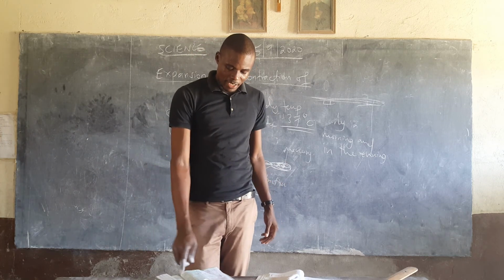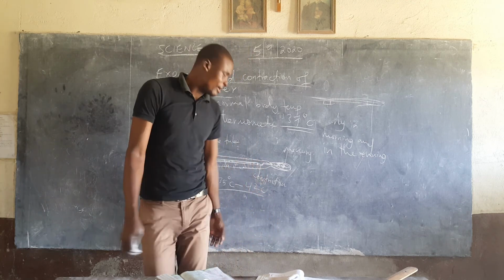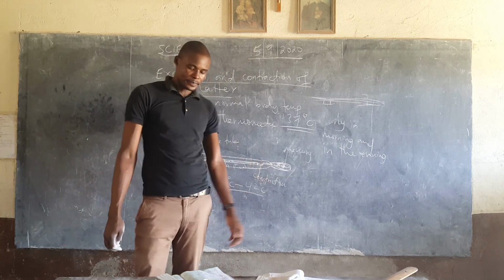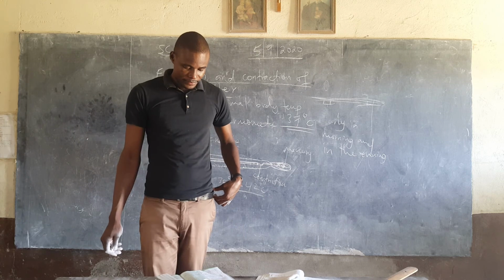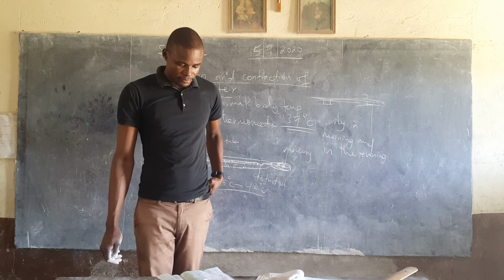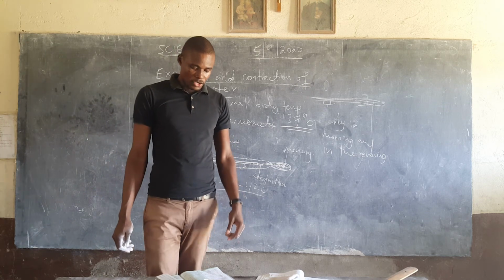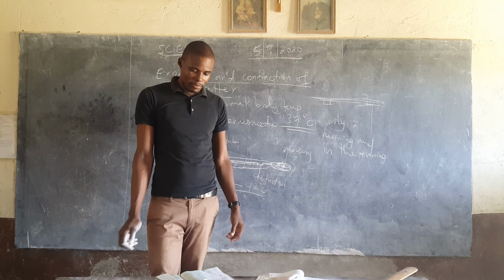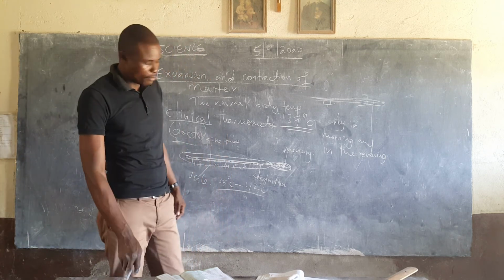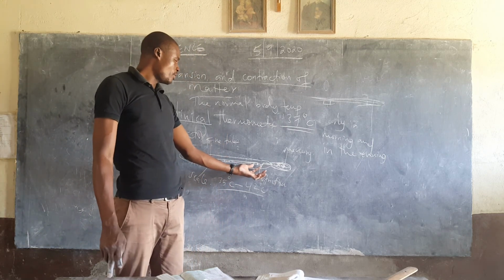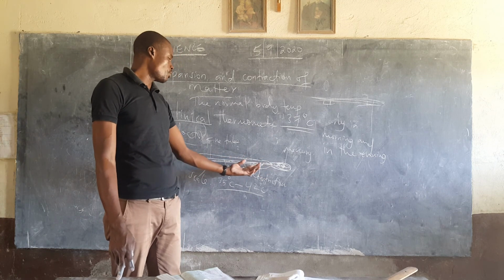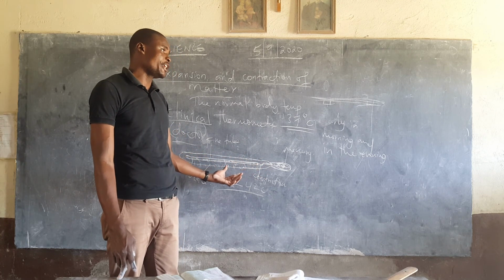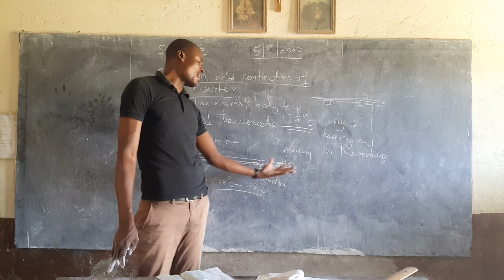So the thermometer has a constriction, which I've drawn here. The constriction is a small curve that prevents the mercury from running back into the bulb after removing it from the body. When you remove it from the body, the constriction helps the doctor to still read without the mercury going back immediately.